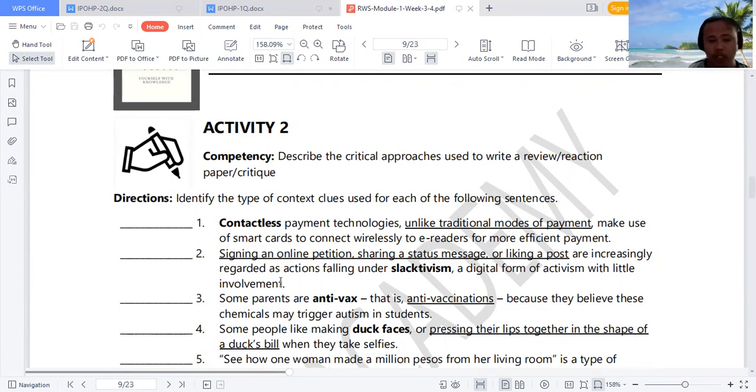Number 1: contactless payment technologies, unlike traditional modes of payment, make use of smart cards to connect wirelessly to e-readers for more efficient payment. What's the answer? Is it antonyms, synonyms, explanations, situations?